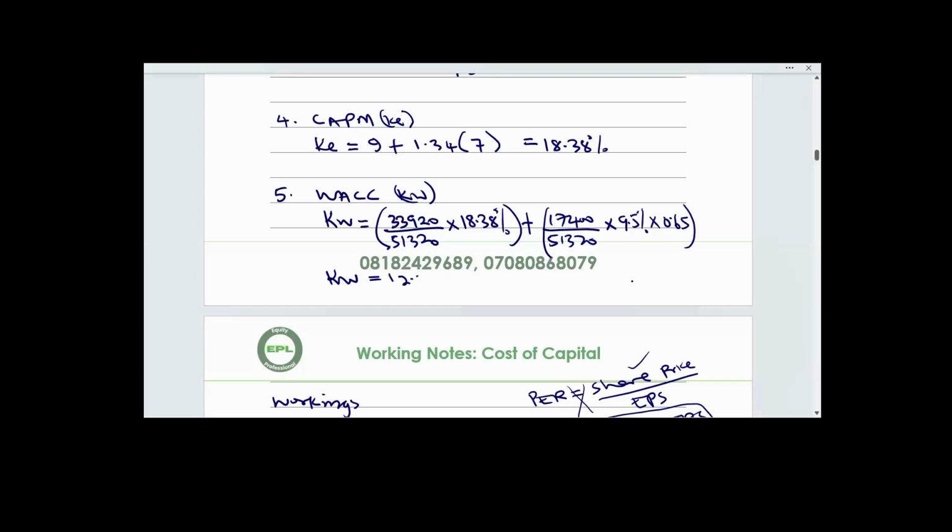Here is 12.15% plus 2.09%. So this is equal to 14.24. Here is 14.24%, approximately 14%.